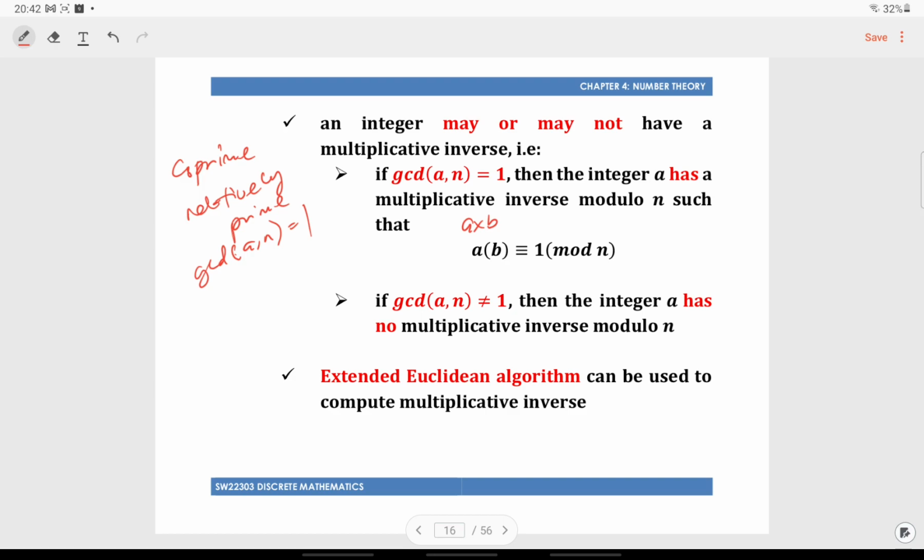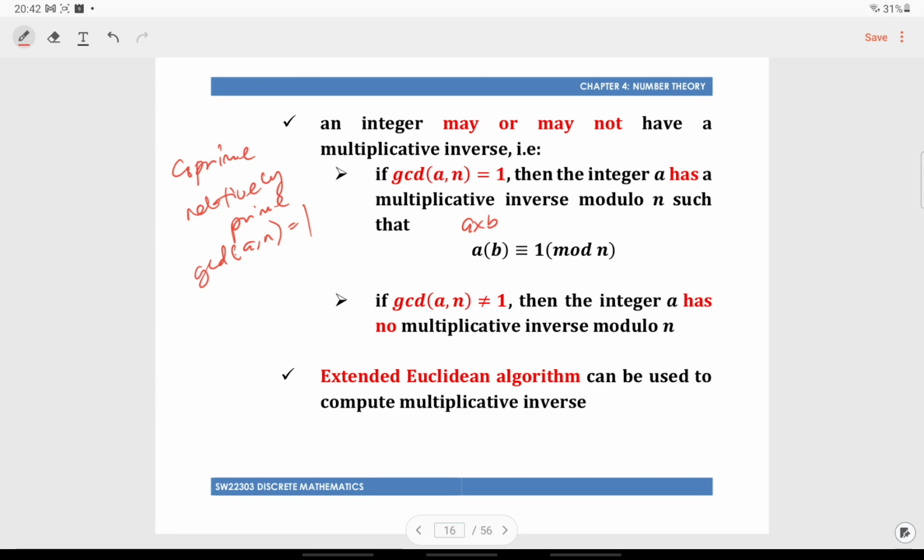So please understand and memorize this condition before you calculate the multiplicative inverse. Check the condition. If there is an inverse, then proceed with calculation. Otherwise, just simply give me a conclusion that there is no multiplicative inverse because the GCD is not equal to 1.